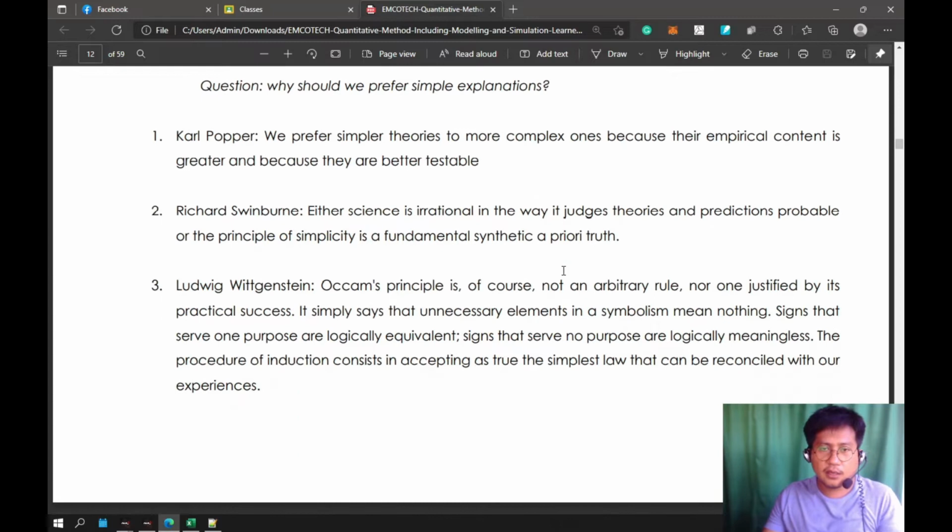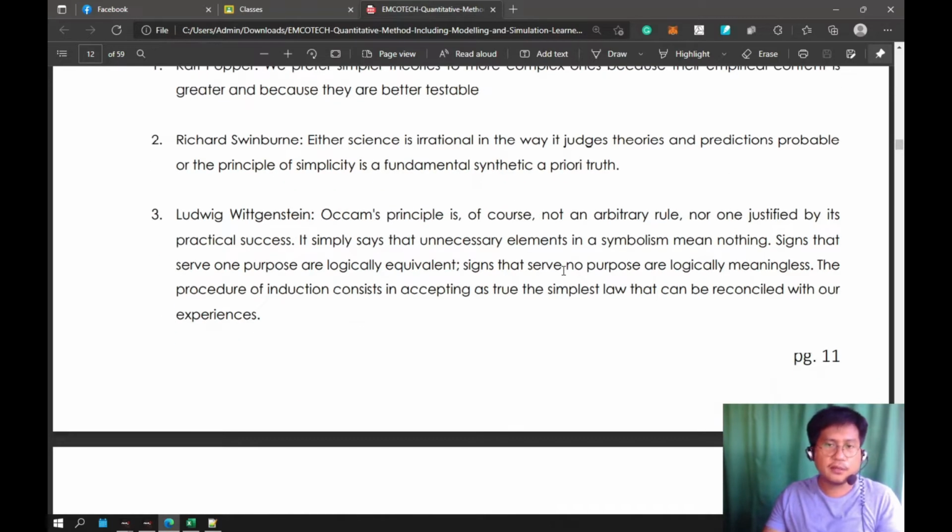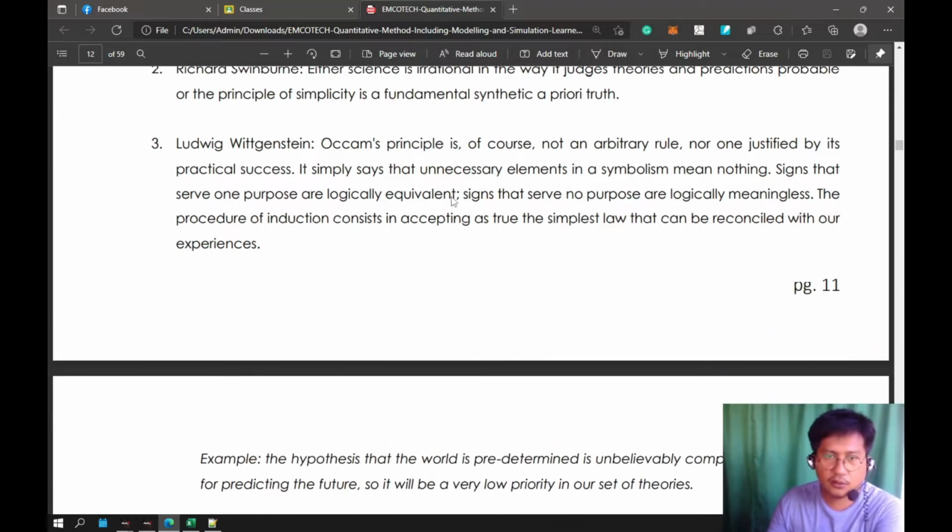And then, according to Richard Swinburne, other science is irrational in the way it judges theories and predictions probable, or the principle of simplicity is a fundamental synthetic a priori truth. Okay. Then, according to Ludwig Wittgenstein, Occam's principle is, of course, not an arbitrary rule nor one justified by its practical success.